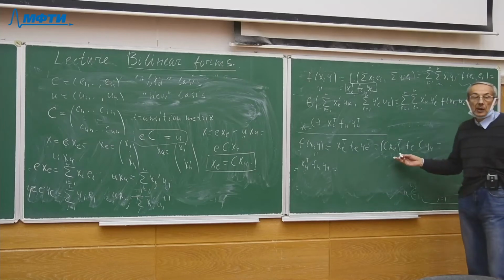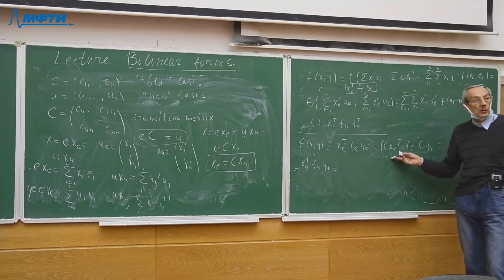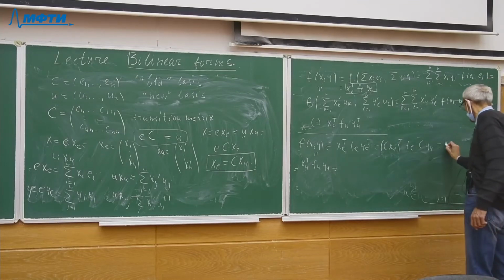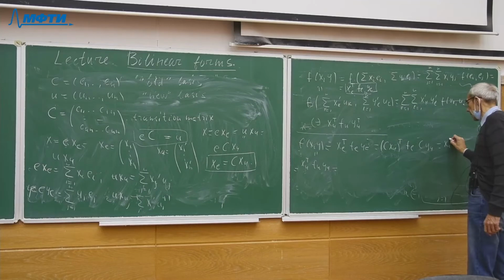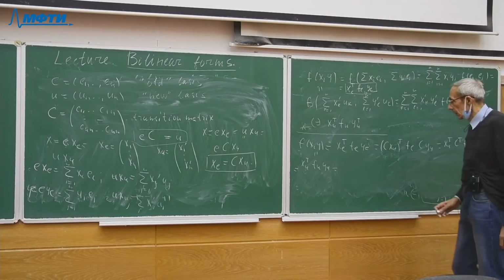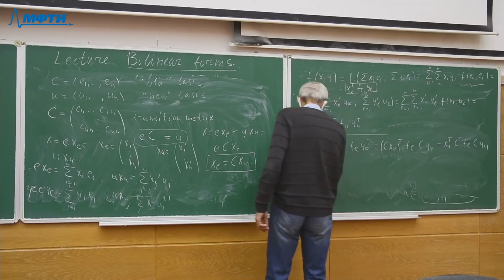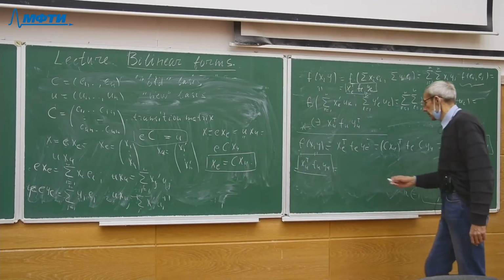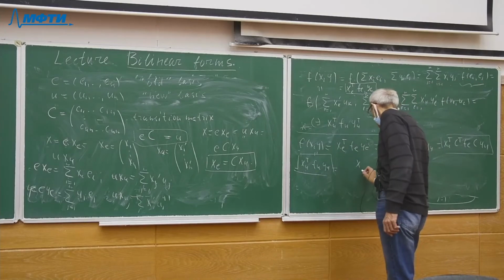And if you apply the transposition operation to the product of matrices, we obtain the product of transposed matrices, but the product we must take in the inverse order. And we obtain x_u transpose C transpose F_e C y_u. And we must compare this expression and this expression. It is easy to see that these two expressions are equal.